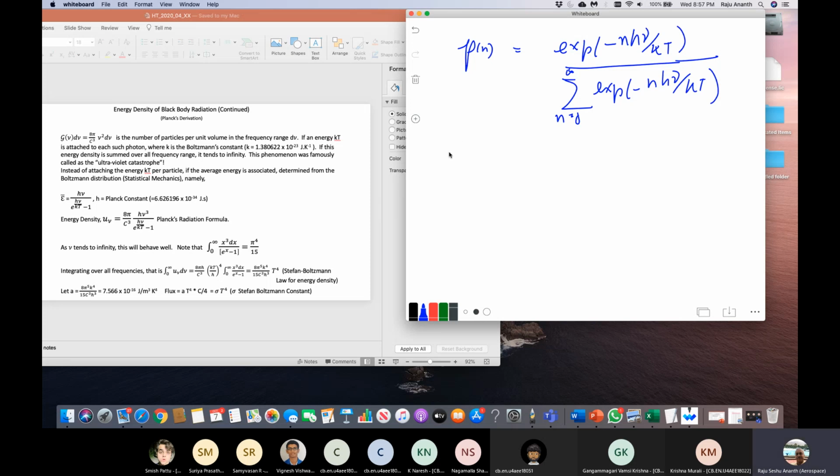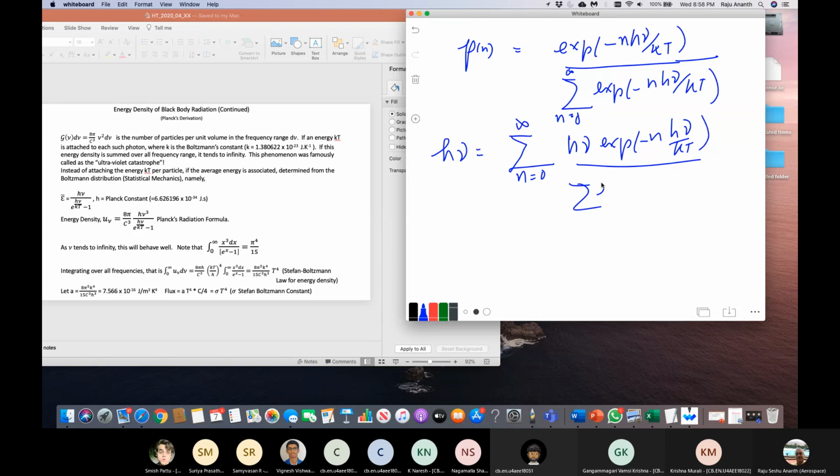Okay, so what exactly is the average energy then? My average energy will be, for all particles n from 0 to infinity, h nu exponential of minus n h nu over kT, divided by the sum of exponential of minus n h nu over kT.